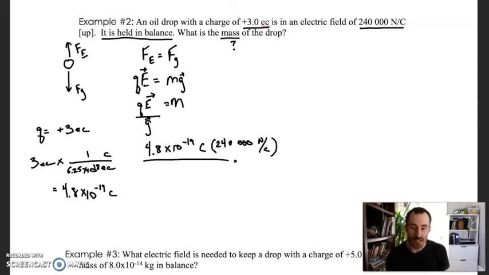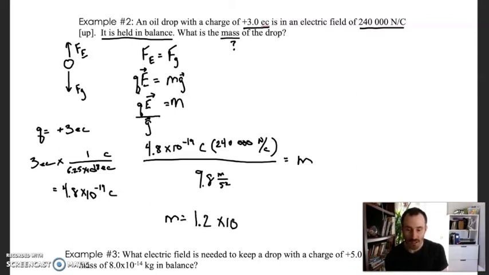And then g is 9.8 meters per second squared. And that all put together should give us the mass. Okay, and so for the mass, you will get 1.2 times 10 to the negative 14 kilograms.